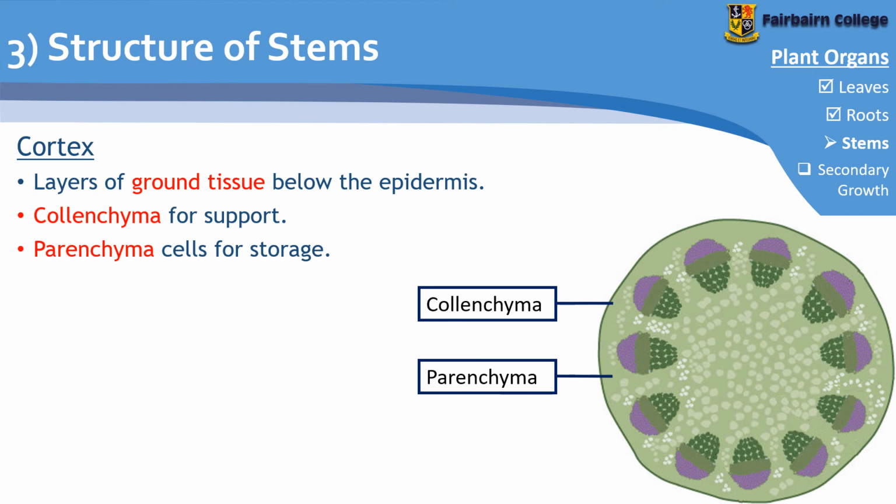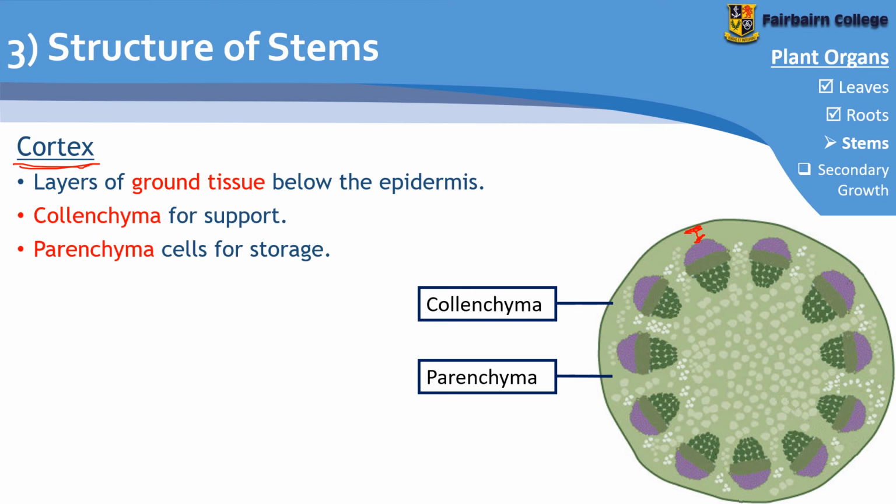The next area in the stem is the cortex. It is very similar to the cortex in the roots, but the big difference is the prominence of the layer. It's much thinner, at least compared to the overall size of the stem, and it varies between different types of plants.